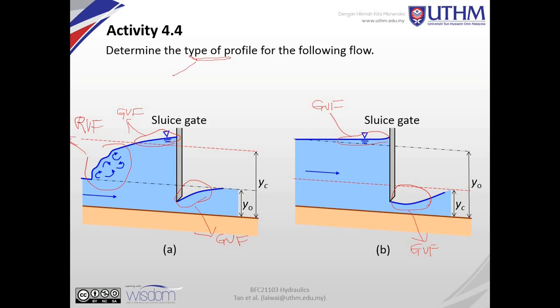The name of the GVF consists of the alphabet and also the number. The alphabet represents the type of slope for the channel, and the number represents the region or the zone of the water profile.